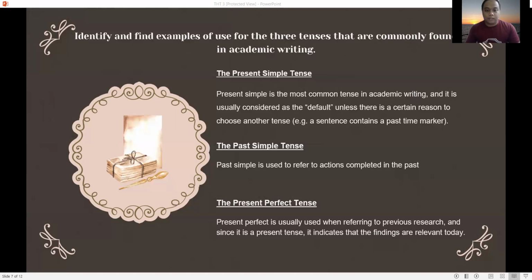Okay. Next one, the past simple tense. Past simple is used to refer to actions completed in the past. The present perfect tense. Present perfect is usually used when referring to previous research, and since it is a present tense, it indicates that the findings are relevant today.